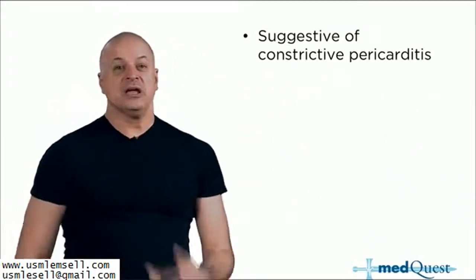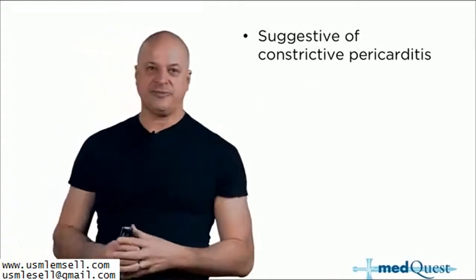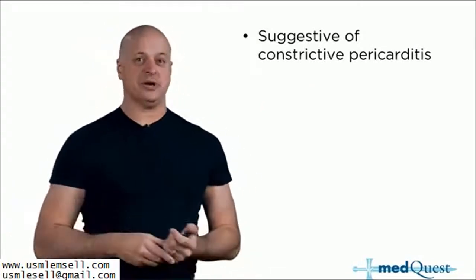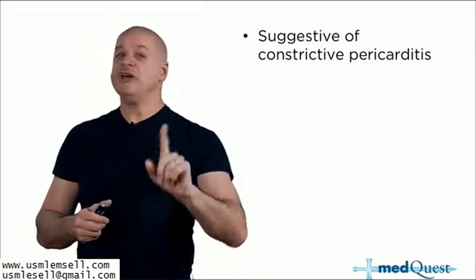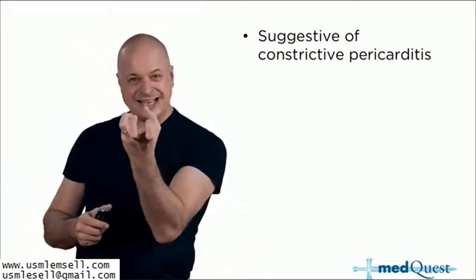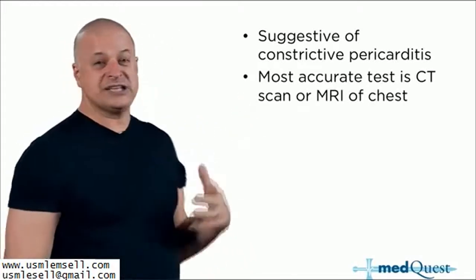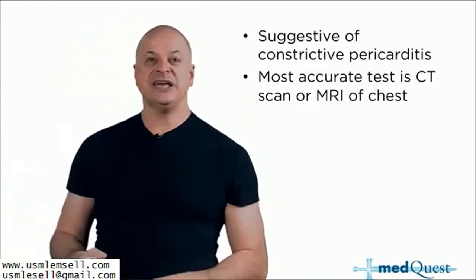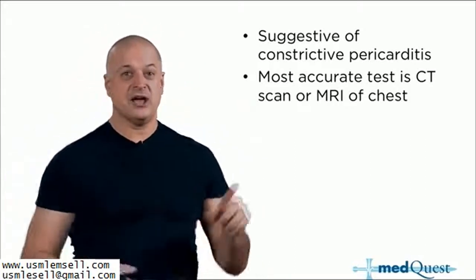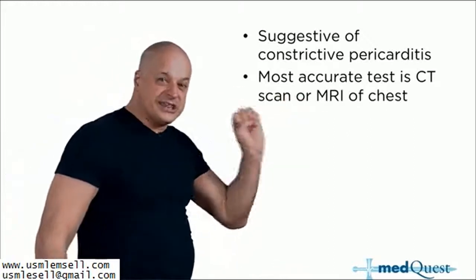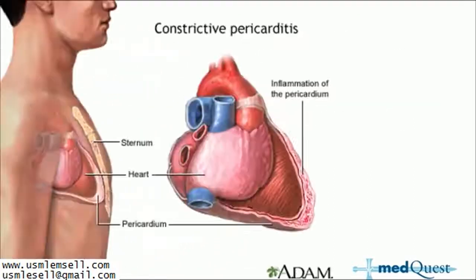Now, constrictive pericarditis has to be from chronic inflammation. Here's the pathology question: tuberculosis, fungus, chronicity, fibrosis, fibrinoid necrosis, tightening. And it tightens it up. The most accurate test of constrictive pericarditis is the anatomic tests like a CT or an MRI, because you're seeing thickening and calcification to be able to detect the abnormal fibrosis.